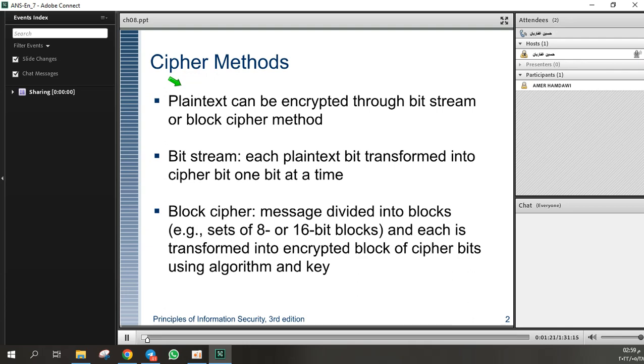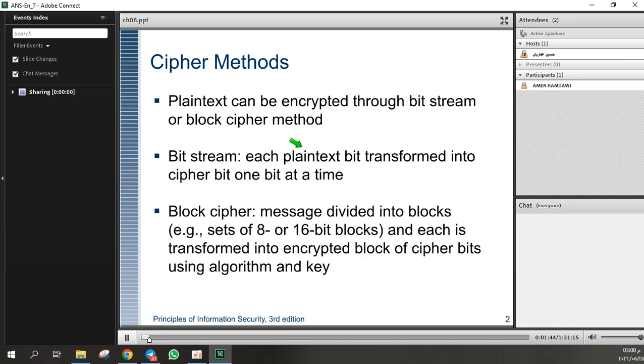When we are talking about bit streaming, it means that I am sending information, sending raw data, as a stream into the cipher method.